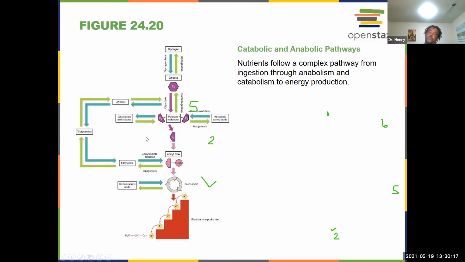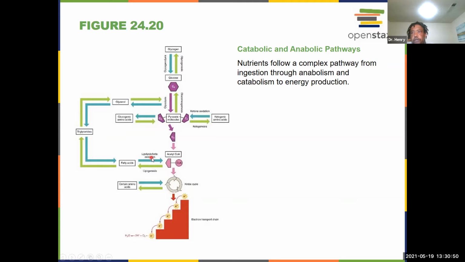Okay, so this here is just the big picture of metabolism, right? So we know that metabolism is composed of catabolism and anabolism. And so these are the catabolic pathways represented by the blue arrows, and I guess the red arrows here.